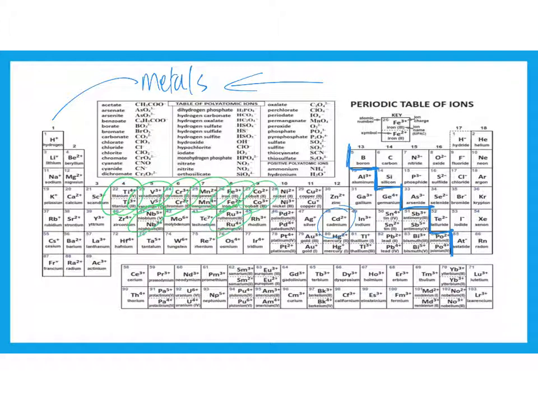Those are the only ones that are going to make type 2 ionic compounds. And they have to combine with one of these non-metals. Remember that these are called anions.